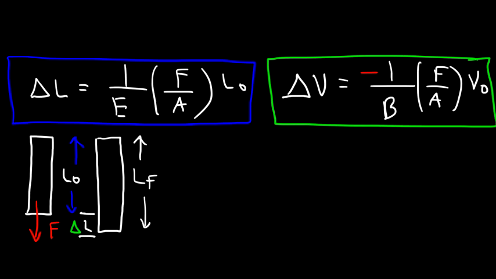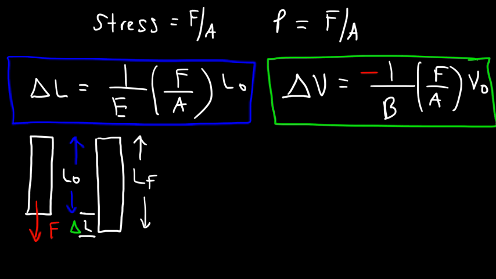Now, when dealing with fluids, instead of speaking of force and area, it's best to think of pressure. Pressure is force divided by area. And it turns out that stress is also force over area. So for fluids, pressure is the equivalent of stress, which is applied to solid objects.